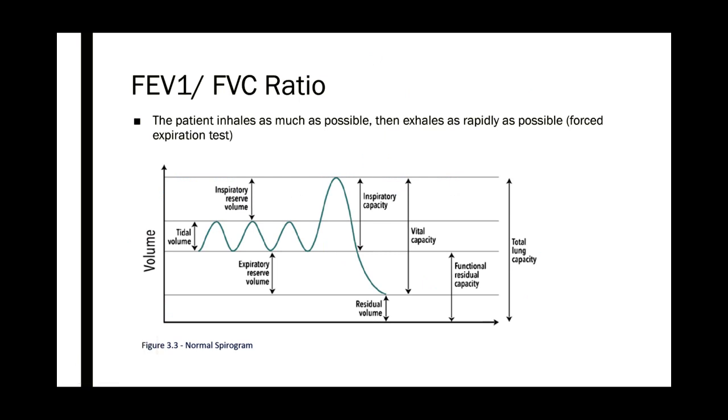This is the FEV1 over FVC ratio, and all that's done here is you tell the patient to inhale as much as possible and then exhale as fast as they possibly can. It's called the forced expiration test.